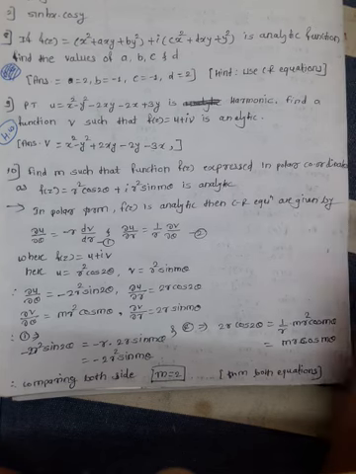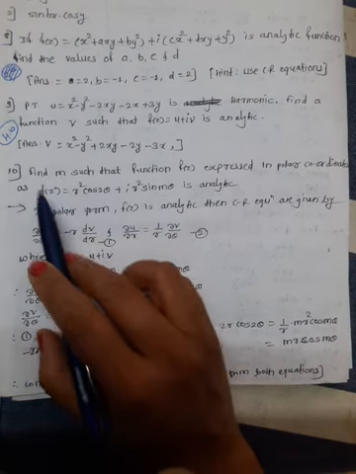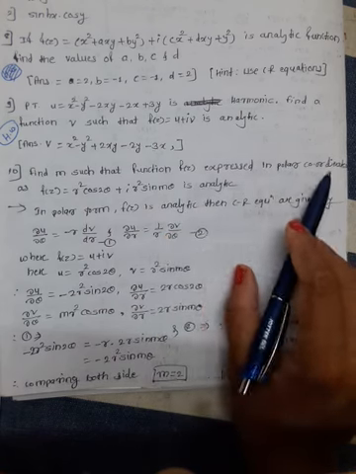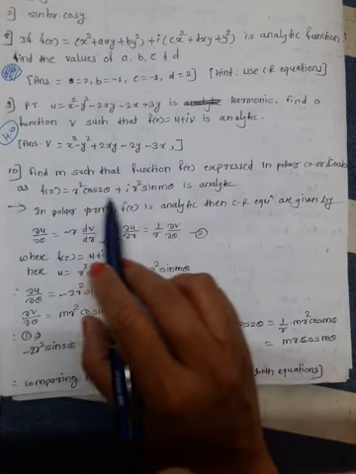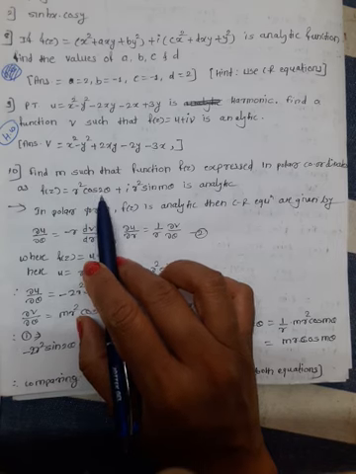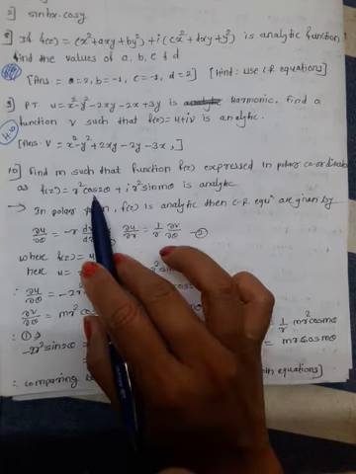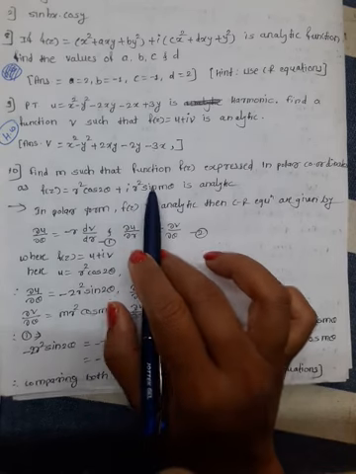Next is, find m such that the function f(z) expressed in polar coordinates is written like this: r² cos 2θ plus i r² sin mθ. This is u, this is v obviously, but it is in polar form.